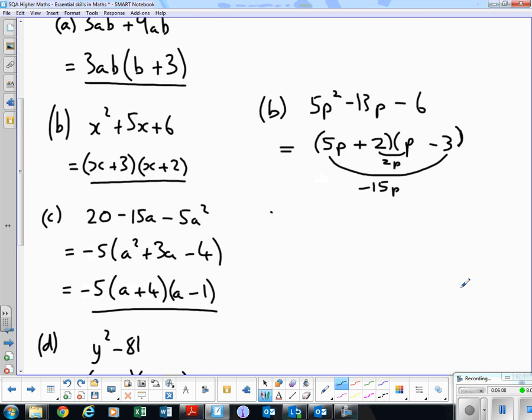What you may have found last year, your teachers may have had a little grid here, and you'd write down your 5p and your p, and put your 1 and your 6, and your 6 and your 1, and your 2 and your 3, and your 3 and your 2. And you do a lot of crossing over and multiplying and things.